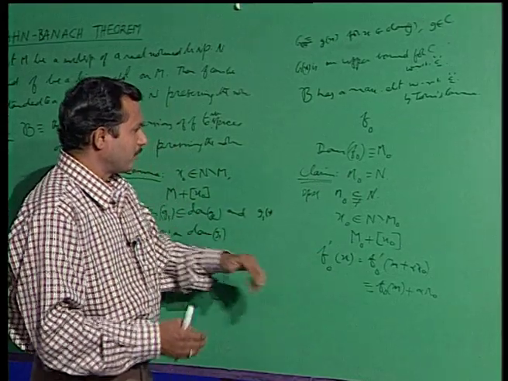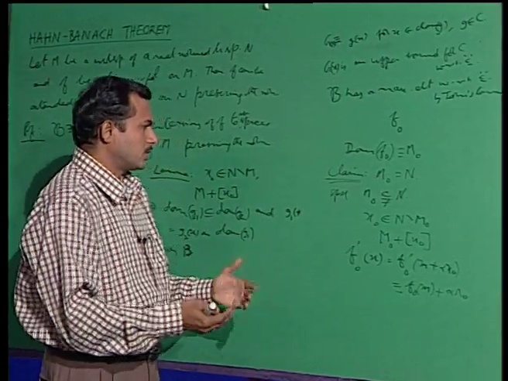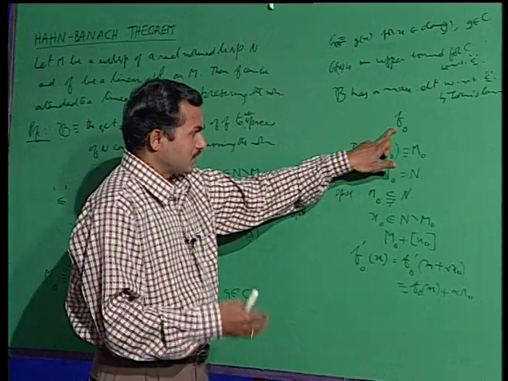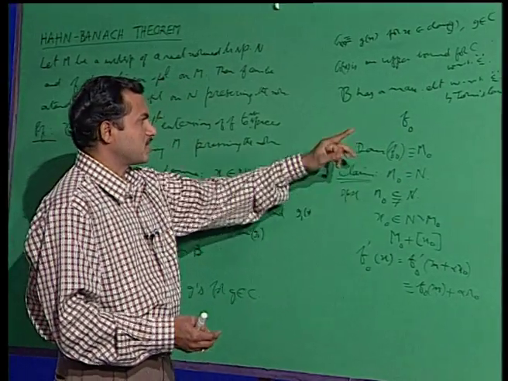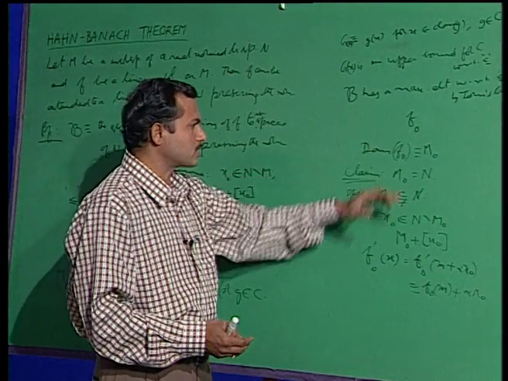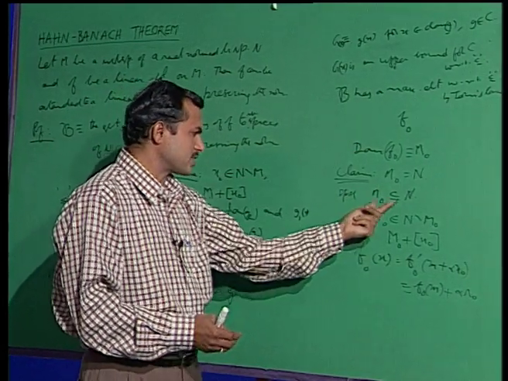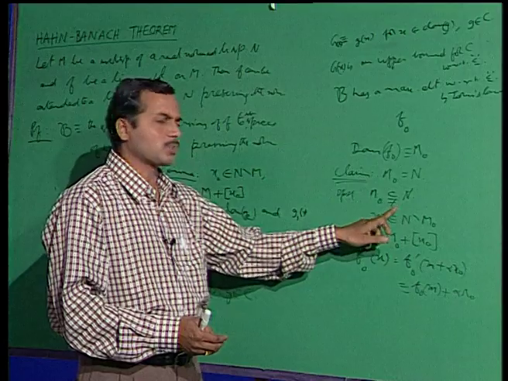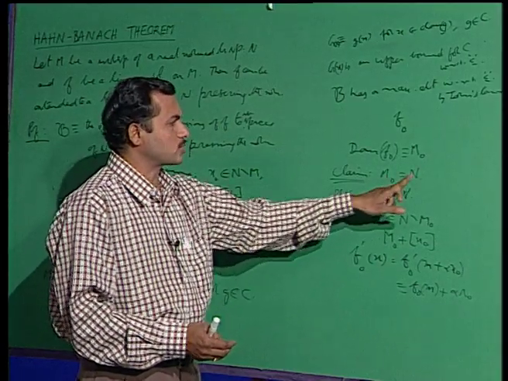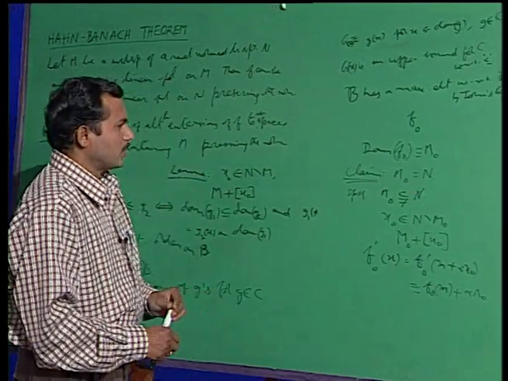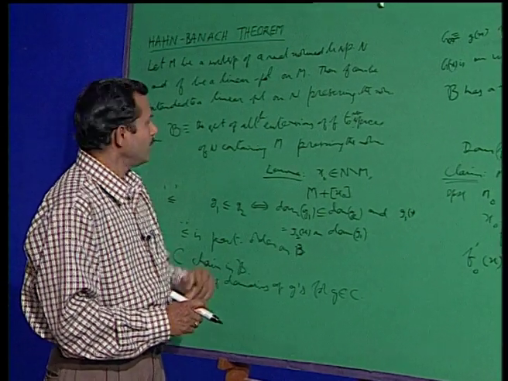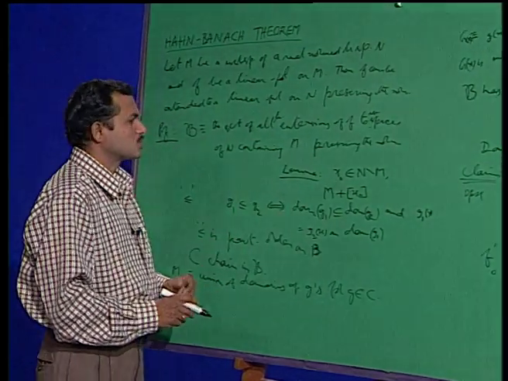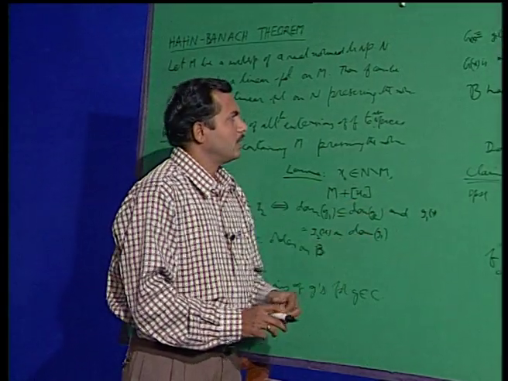So this way we get an element which is larger than and different from the maximal element f naught, and this contradicts the maximality of f naught. Therefore, it is not possible that M naught is a proper subset of N. Therefore, M naught has to be equal to N. Means we could obtain that the linear functional f could be extended to the whole space capital N.